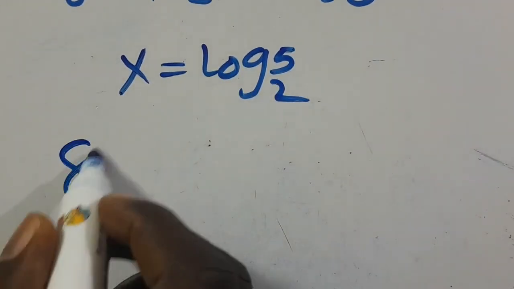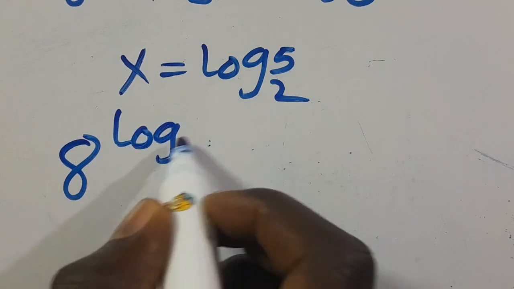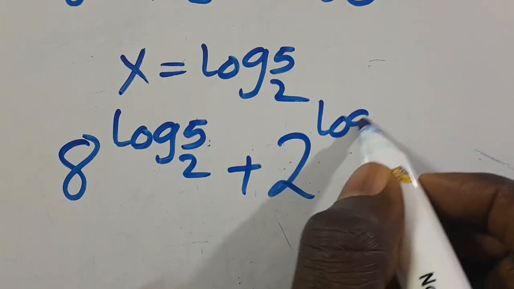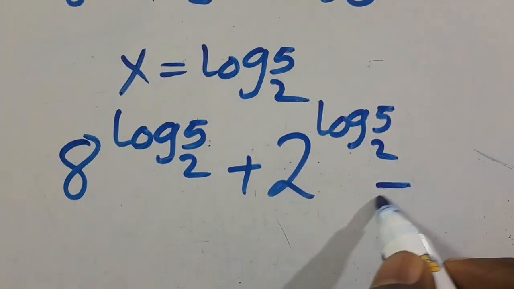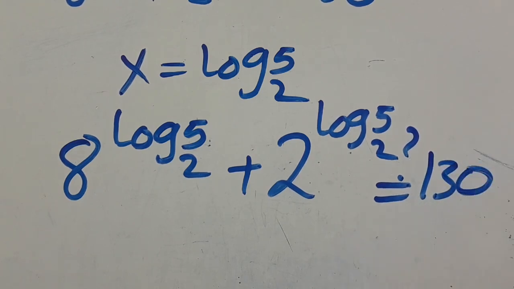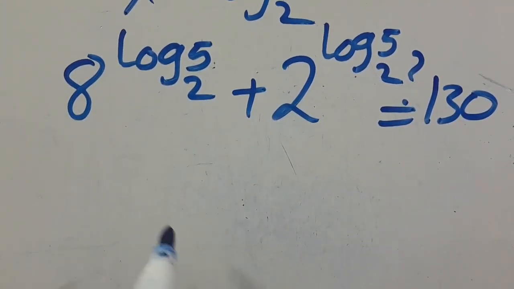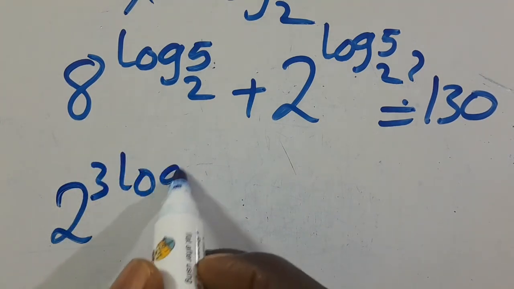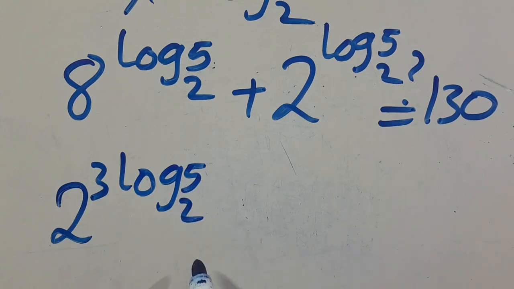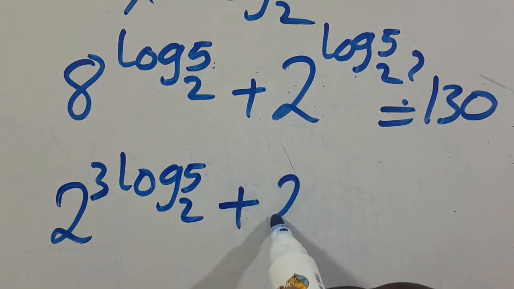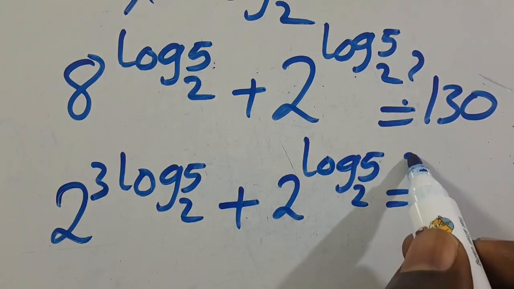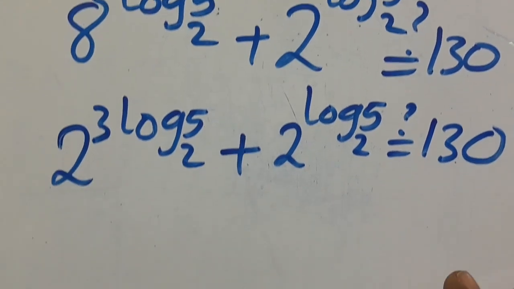So here will be 8 to the power of log 5 in base 2, plus 2 to the power of log 5 in base 2. Then it's going to give you 130. So when looking at this, we have 2 to the power of 3 multiplied by log 5 in base 2, plus 2 to the power of log 5 in base 2, which is going to give us 130.